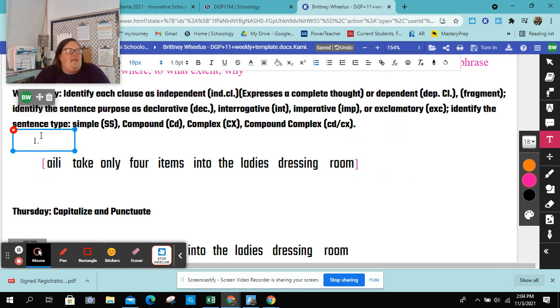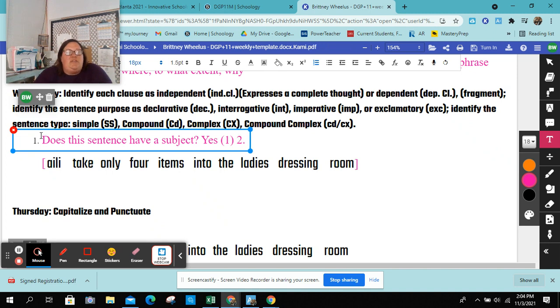The first one is, does this sentence have a subject? Yes, it does. How many subjects does this sentence have? One. What is the subject of the sentence? You. The second question I want you to ask yourself is, does this sentence have a verb?